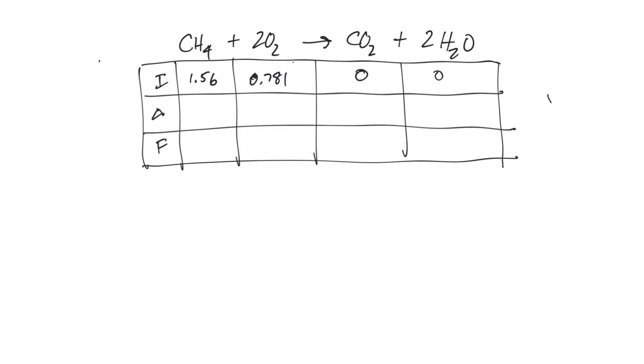Let's summarize the calculations from the previous example. We were provided with 25 grams of each reactant, which is 1.56 moles of methane and 0.781 moles of oxygen. Using the previous chart, we then would show that there are no amounts of the carbon dioxide and water present before the reaction initially.